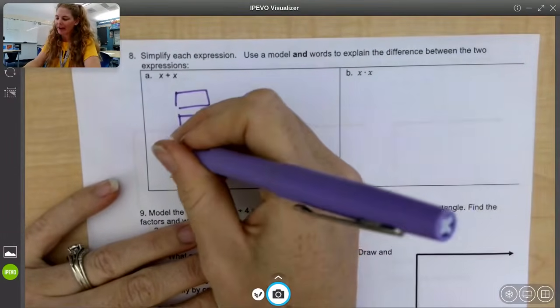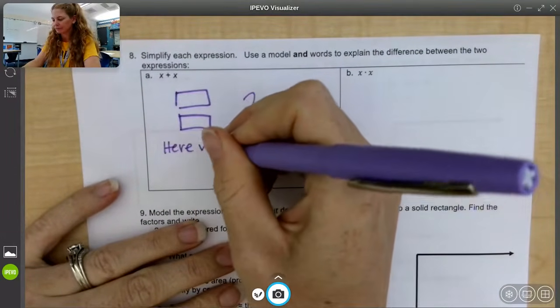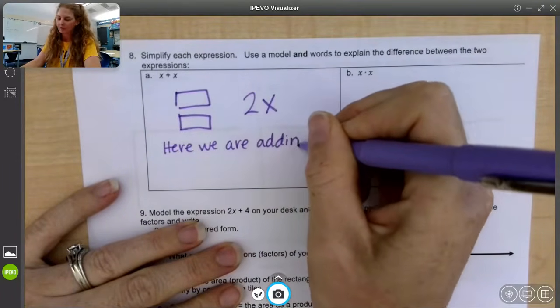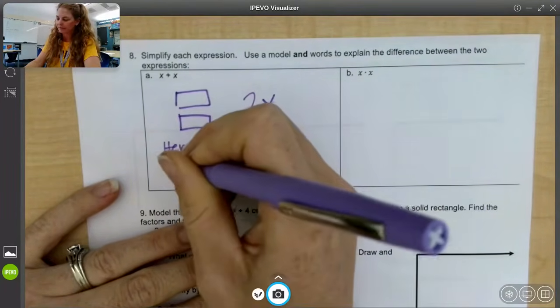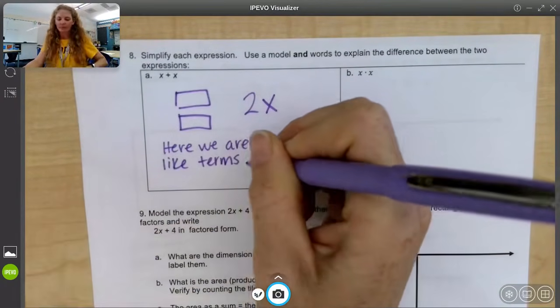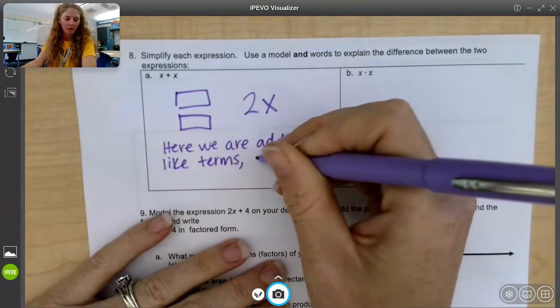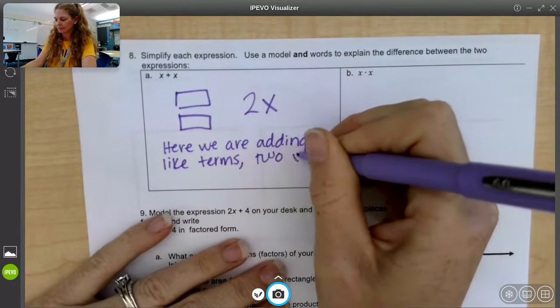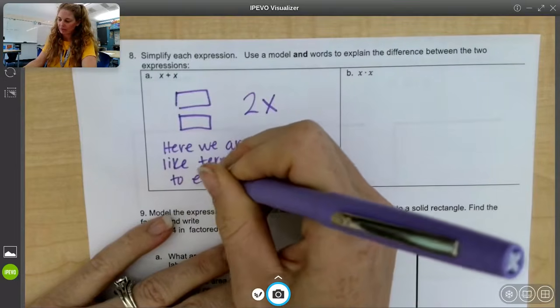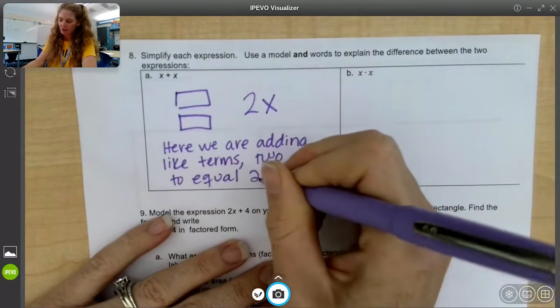Here you are adding like terms, two x's, to equal 2x.